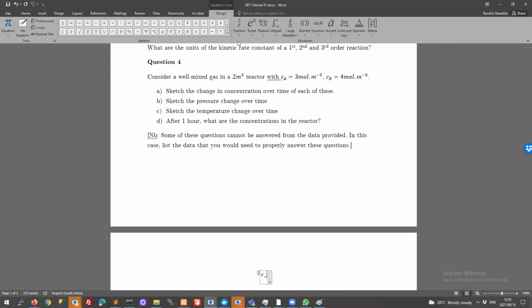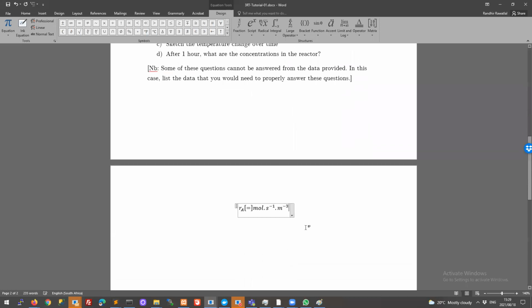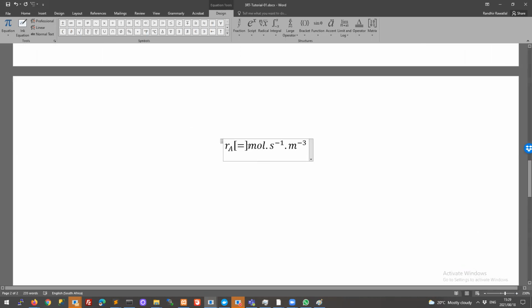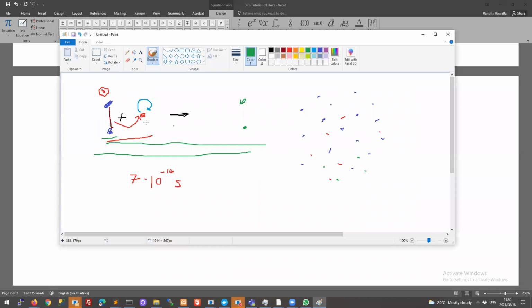So our rate of formation of component A has the units of moles per second. Moles per second. And it's also per cubic meter here. So we'll come to the per cubic meter just now, but it's moles per second because this is now not trying to figure out what is the probability, what is the speed of, how long does it take for these bonds to break and reform.